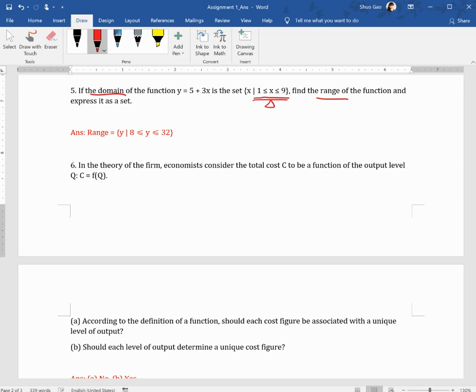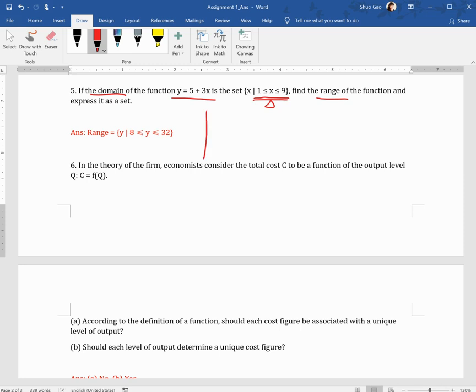So given this condition, what kind of values can y take? Y and x have this relation, and x is from 1 to 9. So what about y? Right. So this is called the range of the function. And how to find out the range?